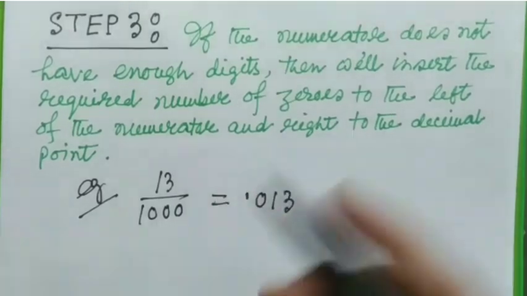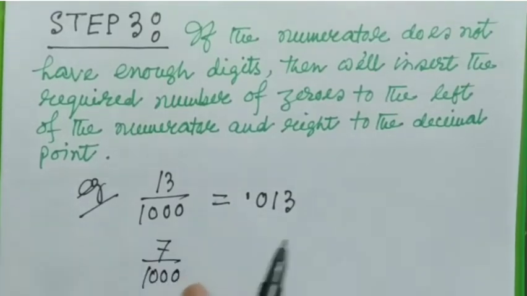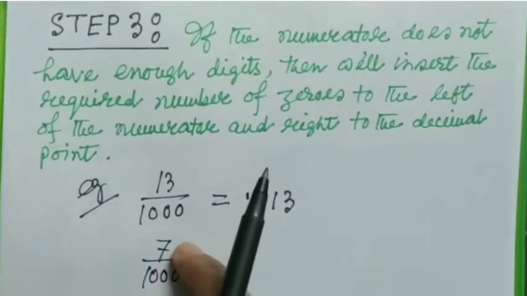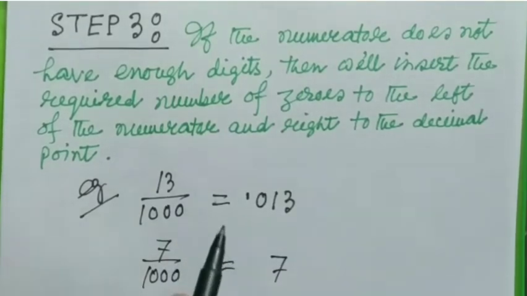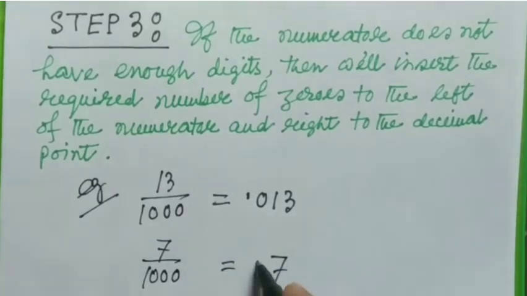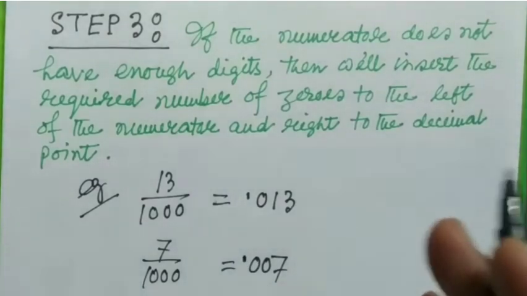Similarly 7 by 1000, here you see only one digit is there in the numerator, and 3 zeros are there in the denominator. So putting 2 zeros to the left of this number, it will become 3 digits, and we will put our decimal point here. So hope you have understood it.